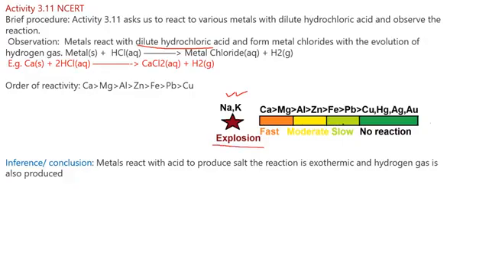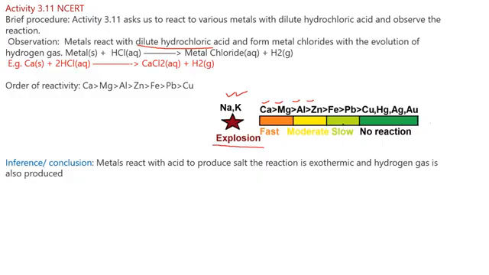Whereas if you go down the series, calcium is most reactive, very fast, aluminium and zinc moderate, iron and lead slow, and you won't find any reaction with copper, mercury, silver and gold. So all these metals won't show any reaction with dilute H2SO4 or dilute HCl.